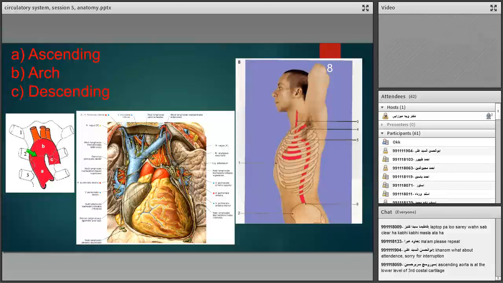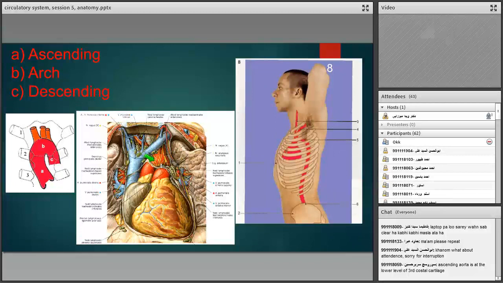The ascending aorta is placed in the fibrous pericardium, and just at the time the aorta is going out of or exit the fibrous pericardium, its name is the aortic arc.